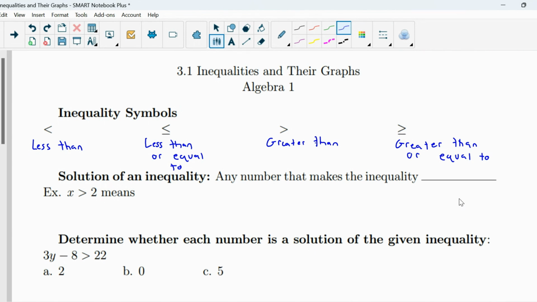The solution of an inequality is any number that makes the inequality true.